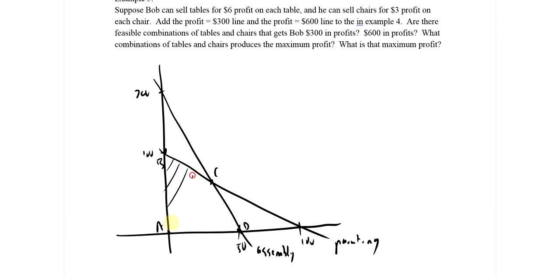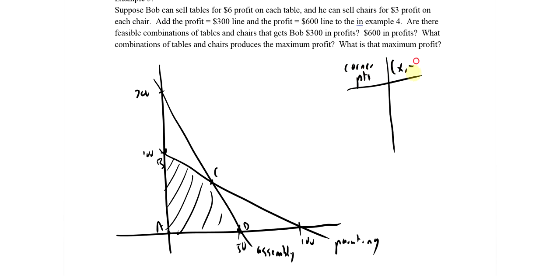The region that I'm interested in is this one. So what are my corner points? Make a little list, and they're x and y coordinates. A, B, C, D. Corner point A was 0, 0. Corner point B is 0, 100, because that's this y-intercept.